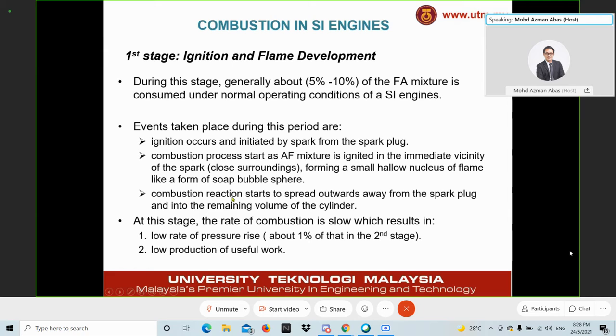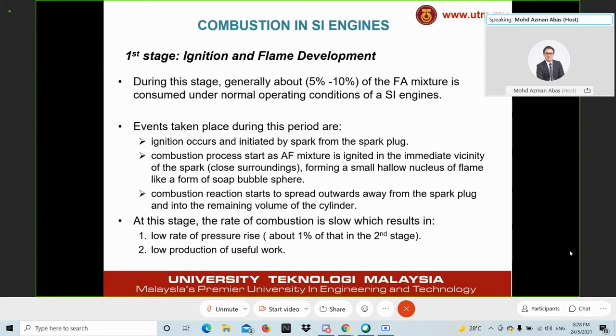The combustion reaction starts to spread outwards, away from the spark plug, into the remaining volume of the cylinder, so it spreads out to all of the open area in your combustion chamber.